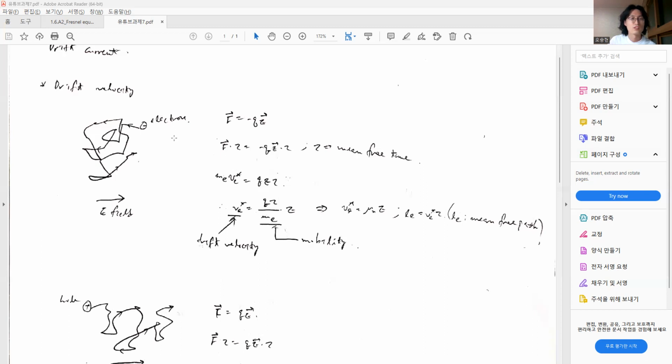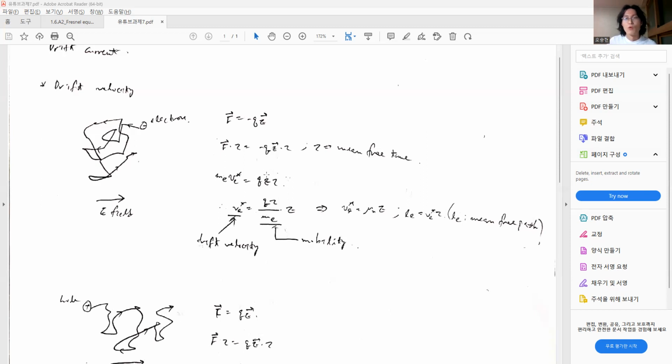Even though it looks like the electron vibrates randomly, it can move forward by the mean value of velocity, which is this v_e. This is called the root mean square of the velocity, and this is also called the drift velocity.